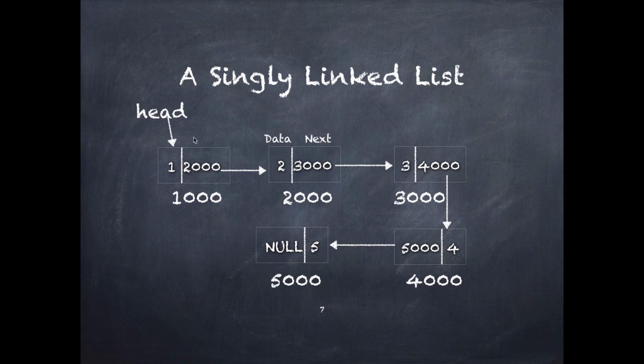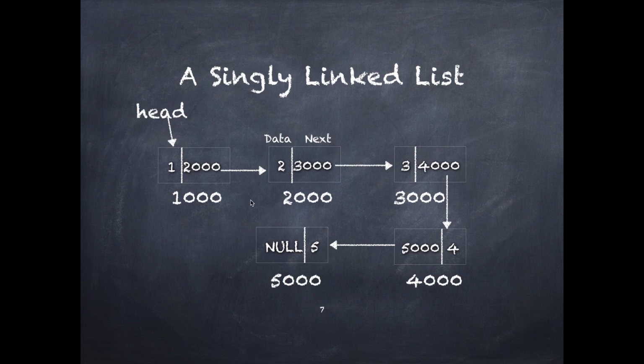And as I told earlier, each node has its own address. The number represented below the node, assume that as a memory address. So 1000 is the address of this node, and 2000 is another address.